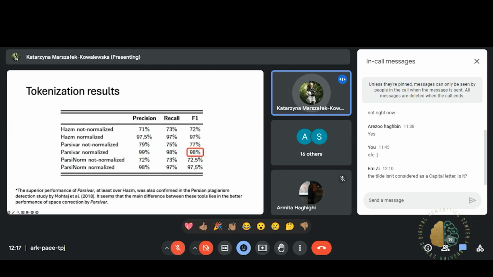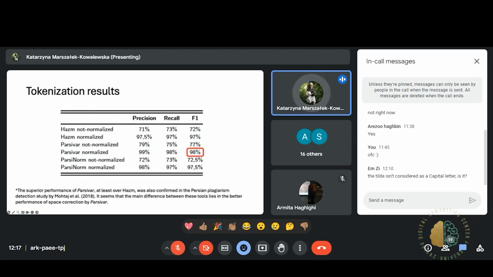What is important here, however, and what I really would like you to pay attention to is that the difference between raw and normalized corpus differs significantly in all cases. No matter which tool you choose, the tokenizer performance was in all cases higher, 20% higher, in case of normalized data.